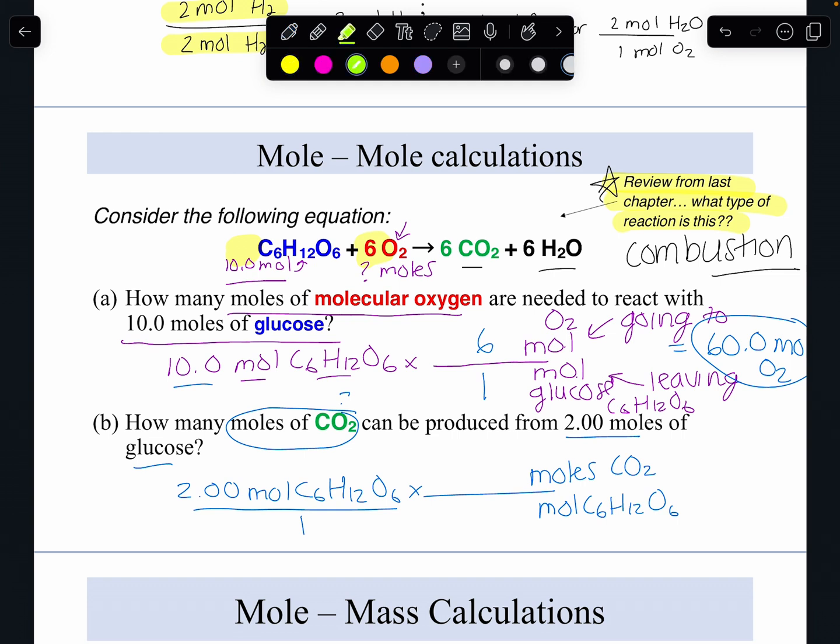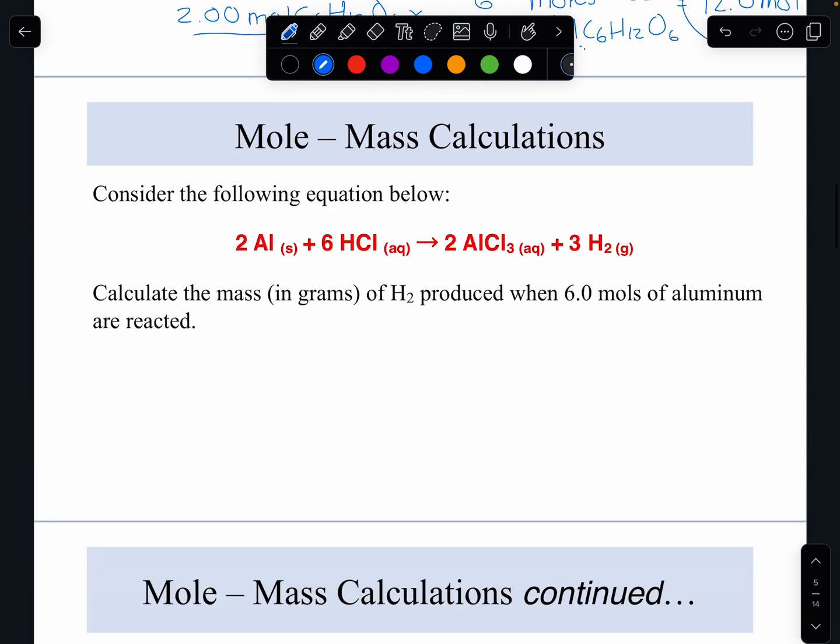Okay? Now, where do you get these numbers? From your coefficients. My coefficients for this one is a 6 for the CO2 and another 1 because we can't see anything in front of the C6H12O6. And then my answer for this one is truly just a 2 times a 6. You multiply when everything's on the top. So my answer is 12 moles of CO2. Okay? So that's mole to mole conversion.